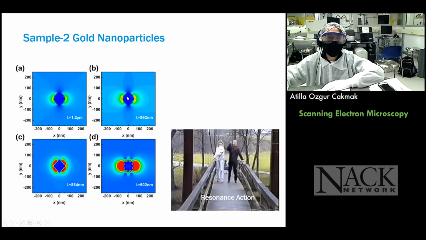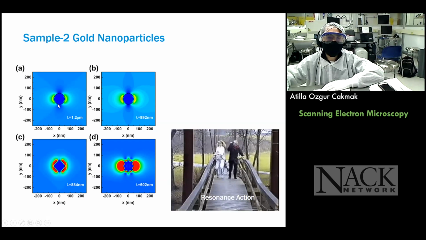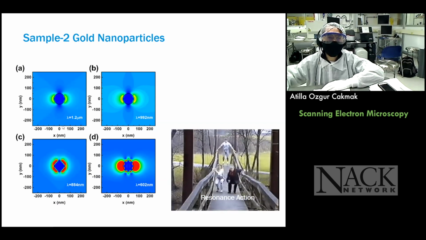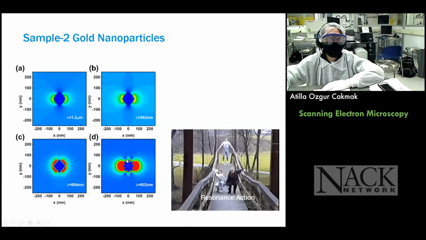capture the incoming light. What happened here? The light, do you see the intensity of the light here, by the way? This is the nanoparticle. The light did not interact with the nanoparticle when the wavelength is 1.2 micrometers. But once we switch to 600 nanometers, what happened? Yes, that's me on the bridge, yeah.